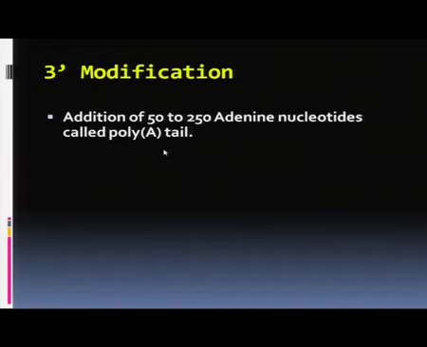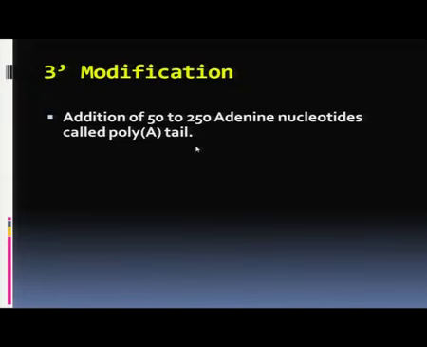3 prime modification is the addition of 50 to 250 adenine nucleotides at the 3 prime end, which is also called the poly A tail.